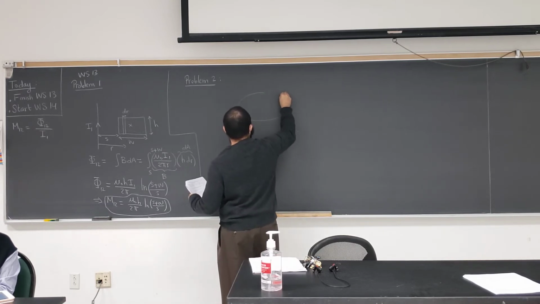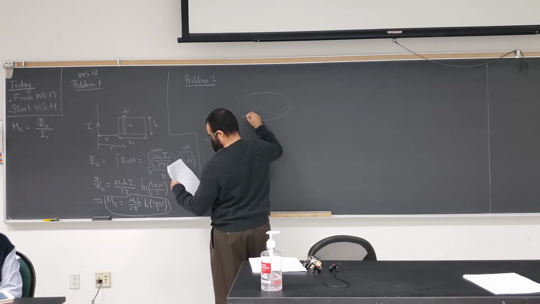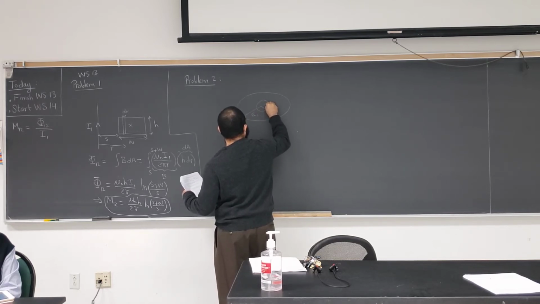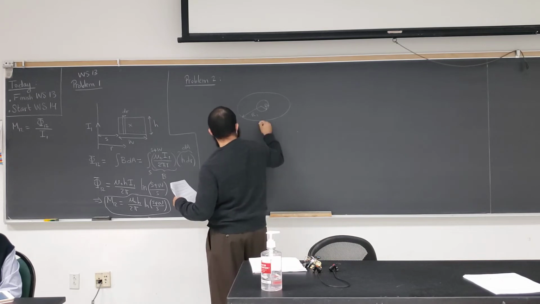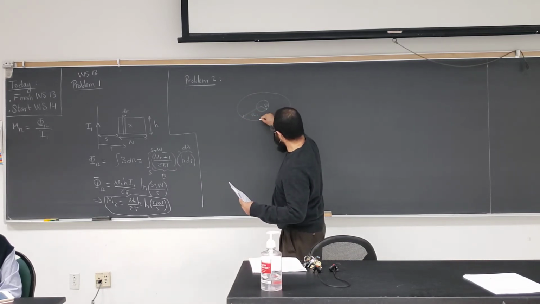Here is R1, and this is R2, the other ring. The current in ring 1, R1, is going like this. This is I1.